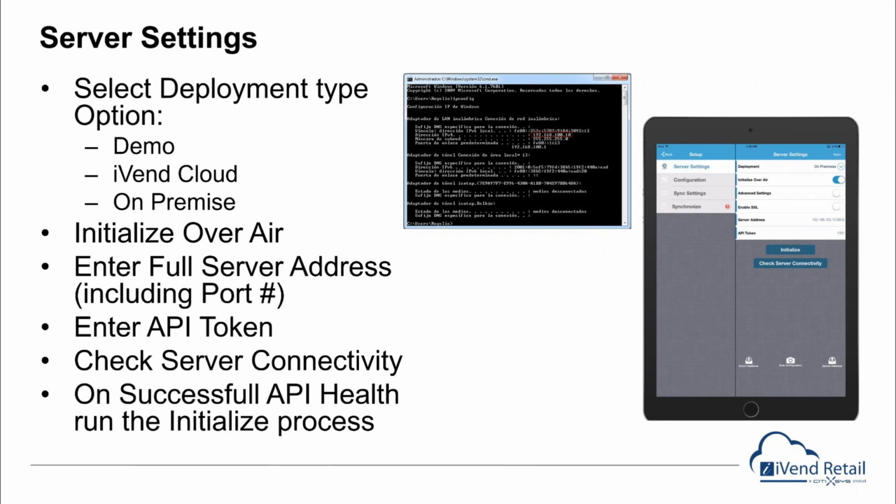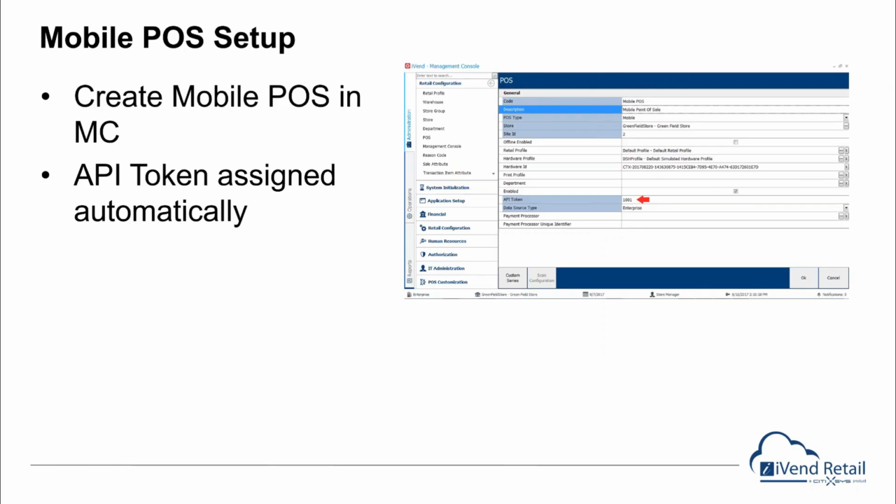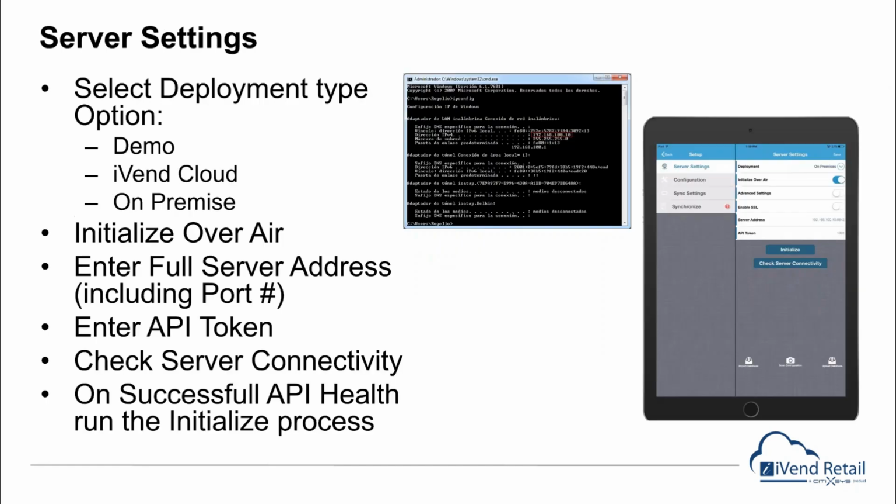This is basically the store server IP address, or the head office IP address if you're connecting to the HO directly. You have to make sure that you enter the API token code that you were given in the previous step on your management console. And then you check for server connectivity.